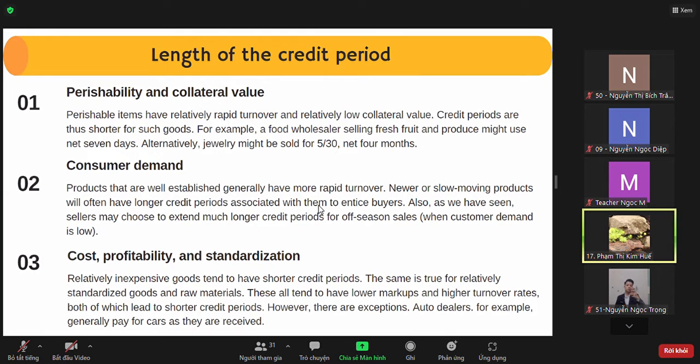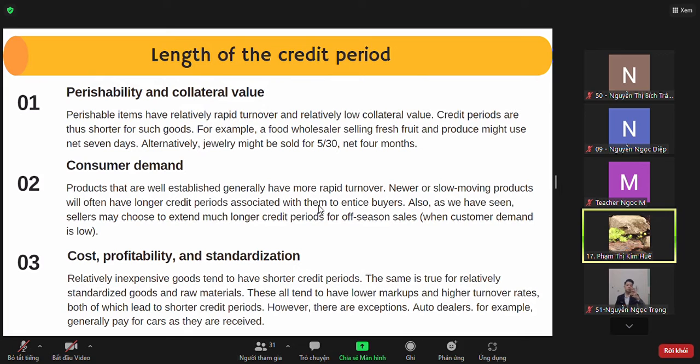The next factor is consumer demand. Products that are well established generally have more rapid turnover. New or slow-moving products will often have longer credit periods associated with them. Also, as we have seen, a seller may choose to extend a much longer credit period for off-season sales when customer demand is low.